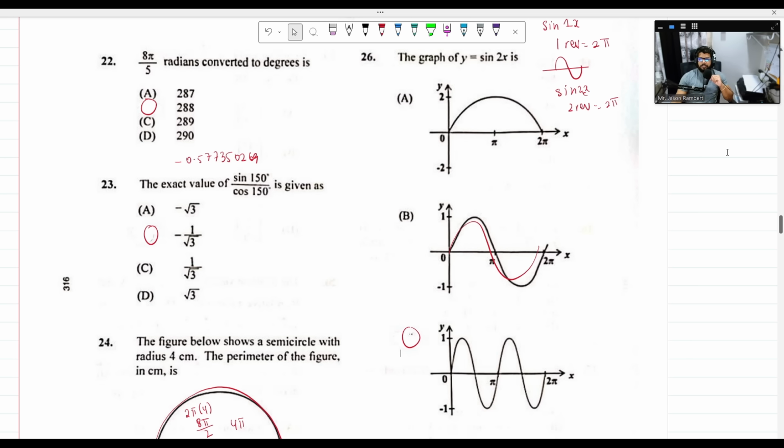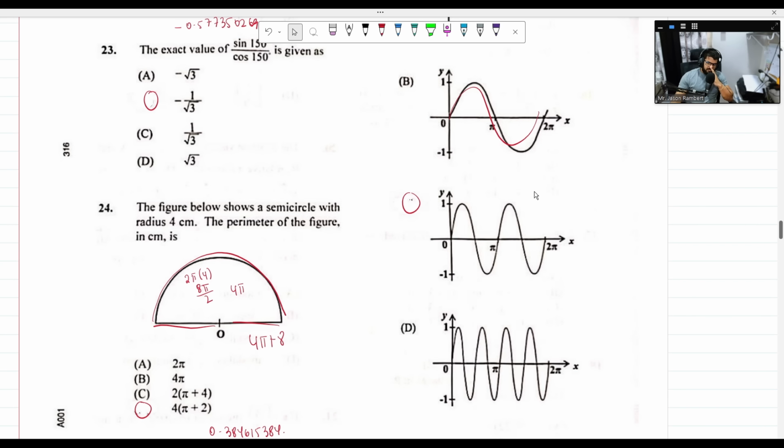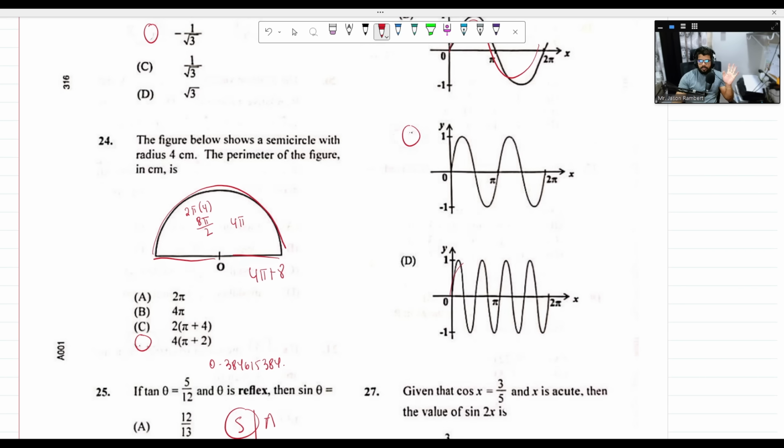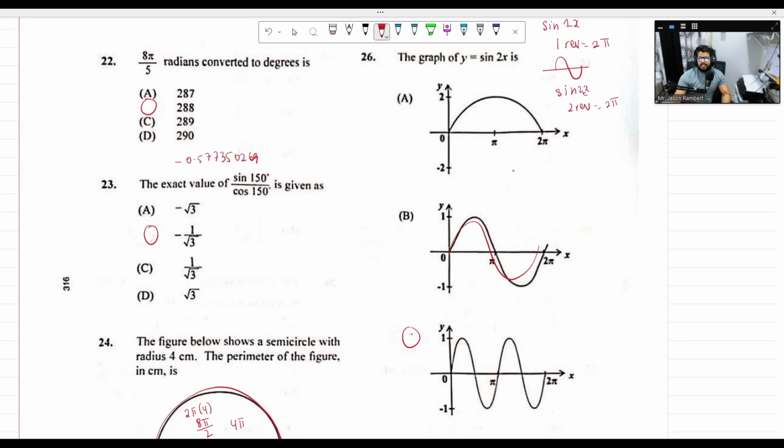The answer is C. Over here, 1 revolution, 2 revolutions, 3 revolutions, 4 revolutions happen here. So this is sine 4x. The top one, the first one, that is half of a revolution. So this is sine a half x.